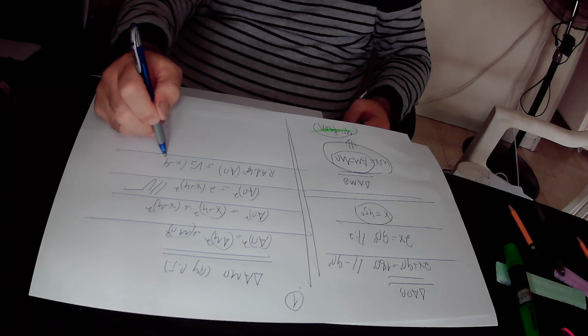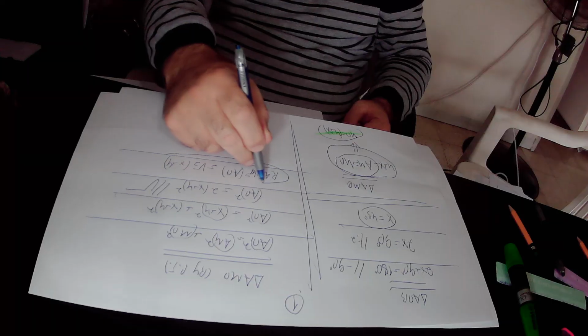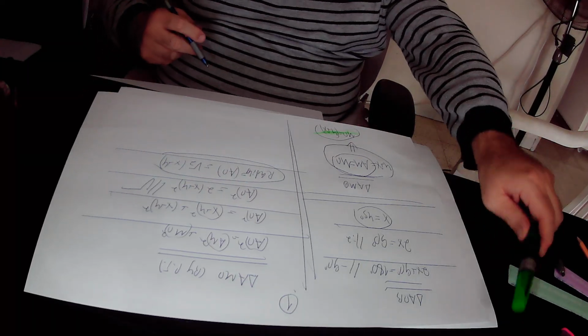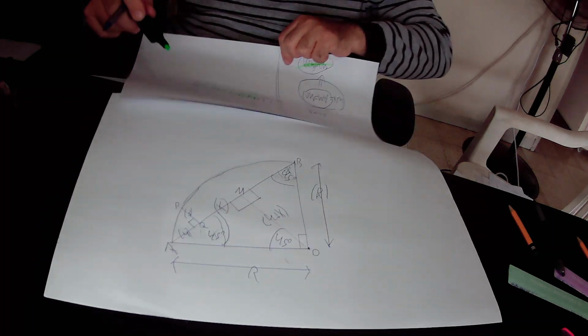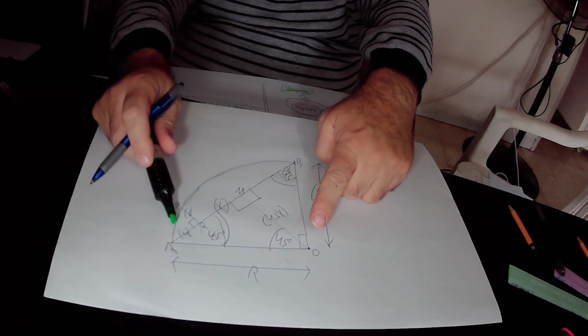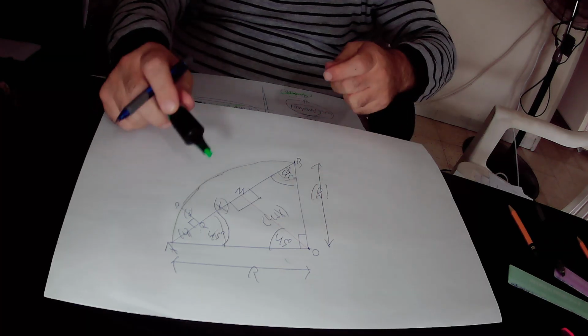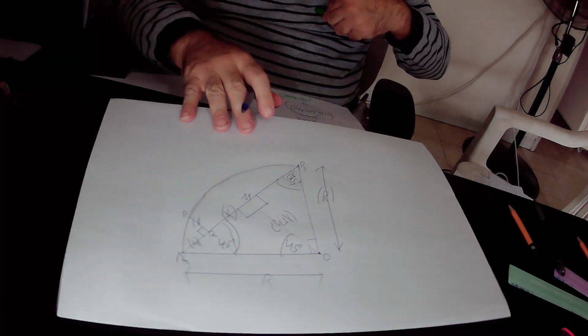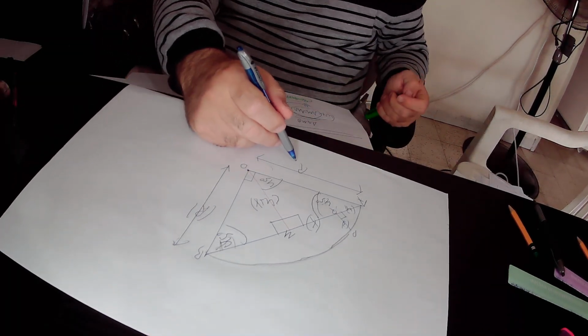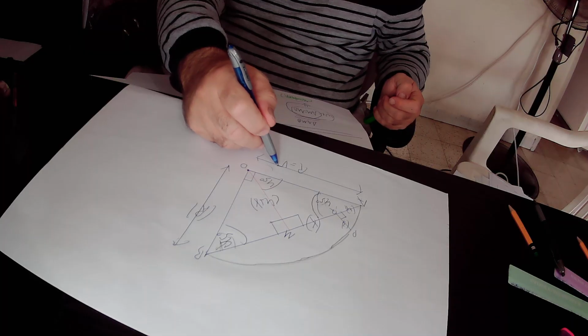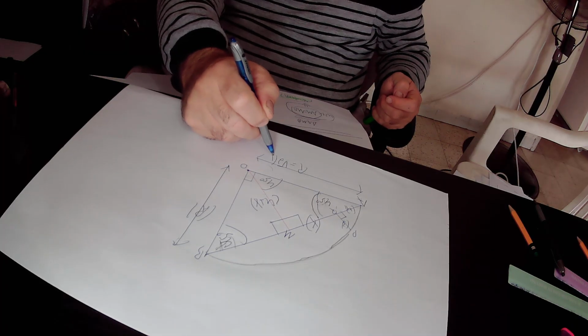So in total, we found out that the radius AO of the quarter circle equals the square root of 2 times x plus 4 units in its length. So it is known. The radius of the quarter circle equals the square root of 2 times x plus 4 units in its length.